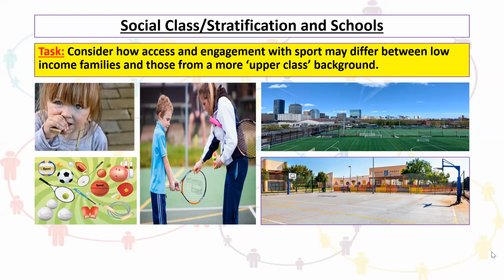They're often situated in areas of more affluence and more wealth, where students who come from higher class or upper class backgrounds would go to a public school, and you know, generally they might benefit from the better sports facilities and things that they have there, and the more opportunities they'd have there compared to a working class or a lower class individual who would go to a state school and just have to, you know, go along with the playground or the basketball court outside. So those are some of the key things to do with access and engagement.